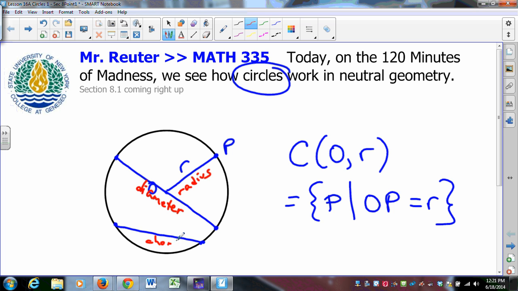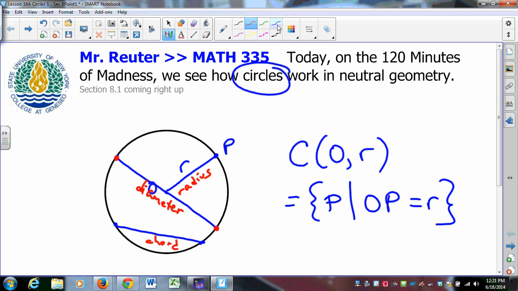That's a chord. Technically speaking, the diameter is a chord because it has endpoints on the circle. We would say in this case that this endpoint and this endpoint are what we call antipodal, A-N-T-I-P-O-D-A-L, antipodal.